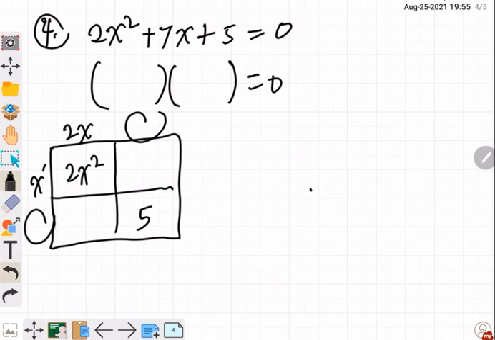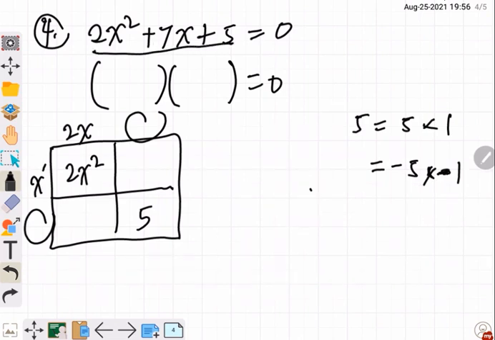But here, since 2x is different from x, switching of the factors matters. So let's try 5. 5 is 5 times 1, and it can be negative 5 times negative 1. Most likely we are not going to use negative 5 and negative 1, because looking at our given, all are positive terms.